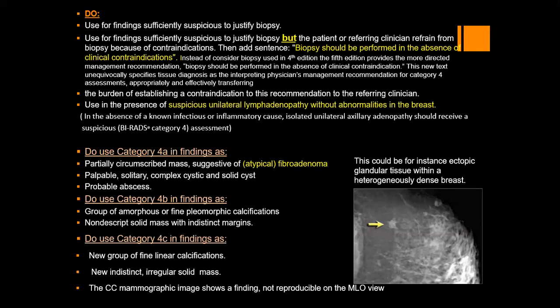In this case, the CC mammogram demonstrates a finding not reproducible on the MLO. It could be ectopic glandular tissue, but the appearance is sufficiently suspicious to be coded as BI-RADS 4.